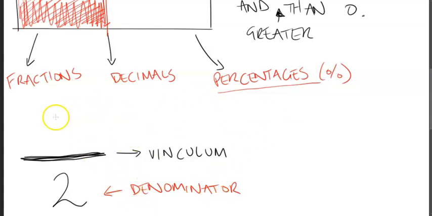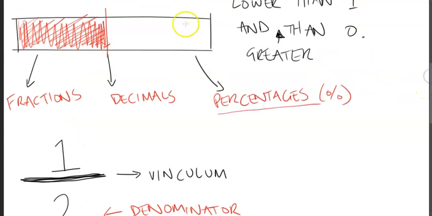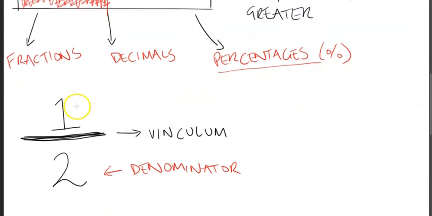And then the top number talks about how many of those parts we are interested in, or what's the quantity of an amount from the 2 parts. In this case, we've only colored in 1 of these 2 parts here, so that's why the 1 is on the top, and that 1 is dictated by the name numerator.